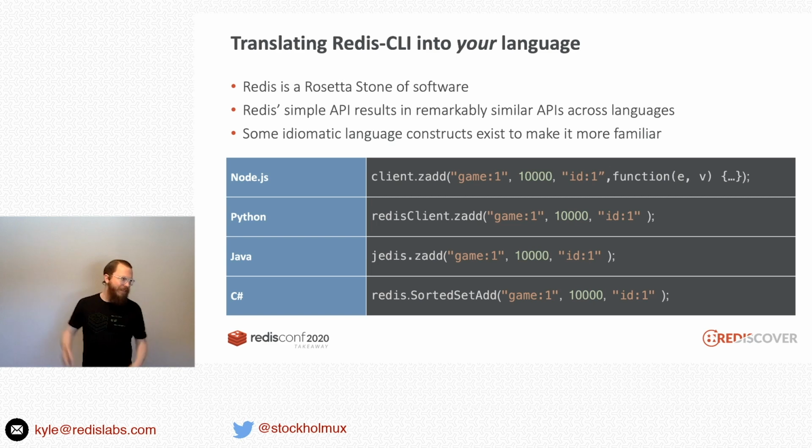And then everybody has to have something that's a little bit different. Of course, we have C# here with Redis.sortedSetAdd, but the arguments are all the same. So keep that in mind. It's articulating zadd, a sorted set add. They're kind of equivalent. This can be really similar across different languages. In fact, if you know Redis very well, you load up the Redis client, you'll probably learn how the language works.